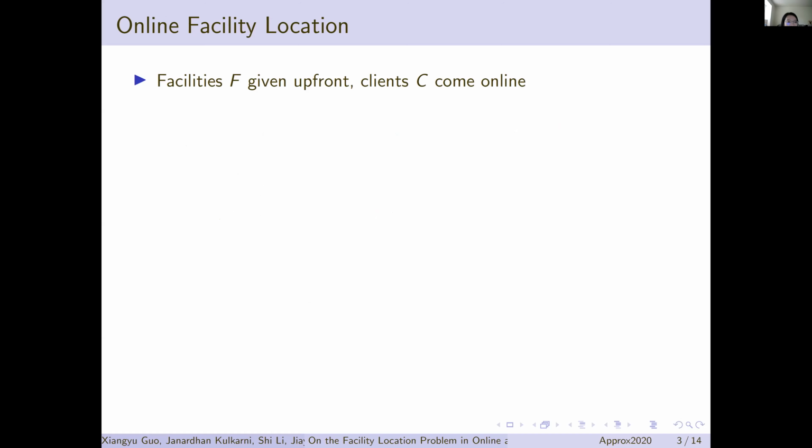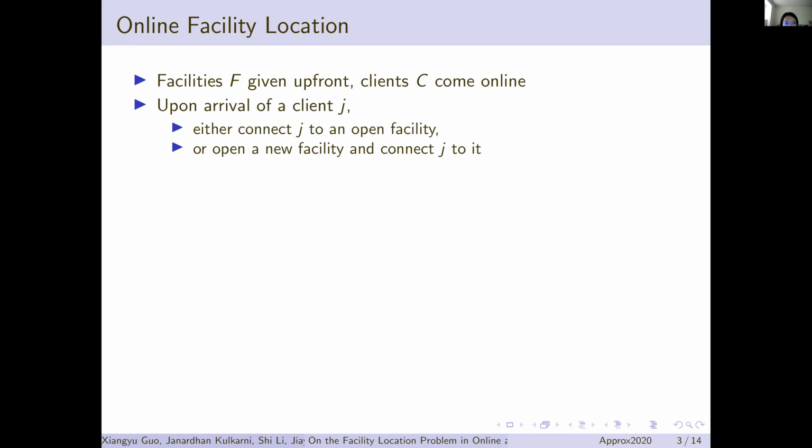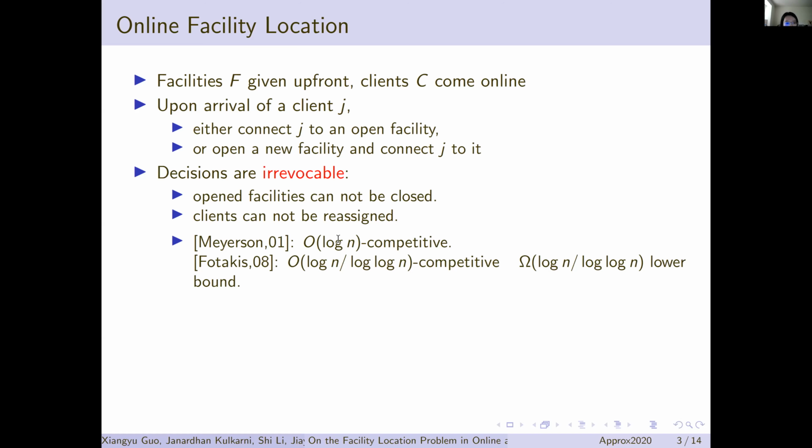Then let's move on to the online setting. For the online setting, the facility set is given beforehand. Then the clients come one by one at each time step. When a client comes, we need to connect it to an open facility or open a new facility to connect it. The first model that was studied is the so-called irrevocable model.